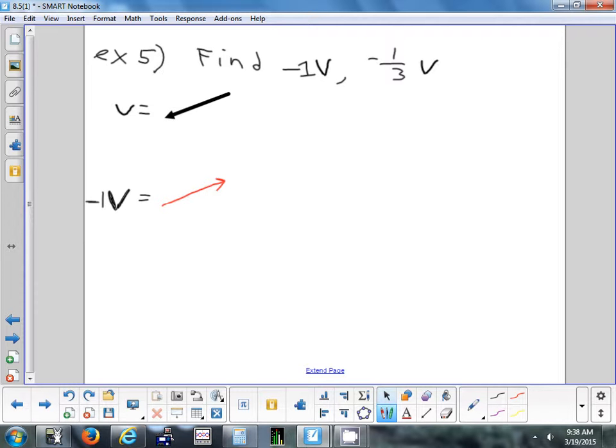To get negative 1/3 v, again, that's when you have to estimate. You'd have to find the length and then go 1/3 of the distance. Just estimate it. Maybe about like that. And that's negative 1/3 v. Questions on that?